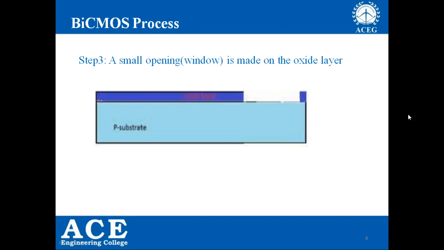Later hydrofluoric acid can be used to remove this silicon dioxide, and after removing the silicon dioxide we will be having a small opening or window in the silicon dioxide layer like this, and this is the area where we require to form this N plus buried layer.